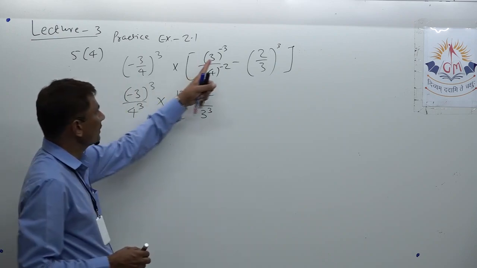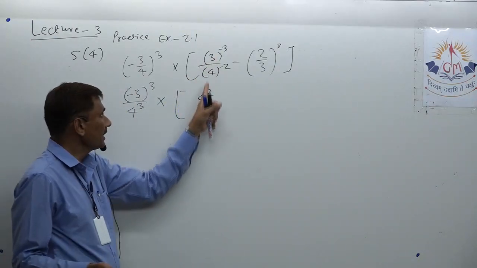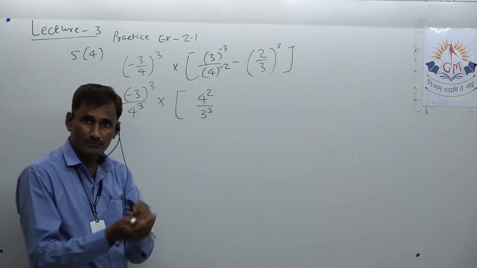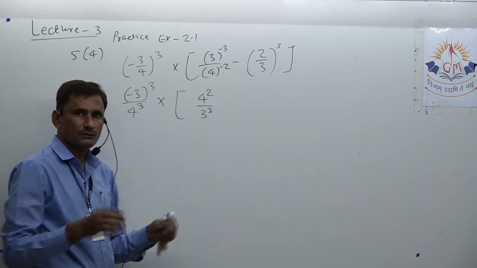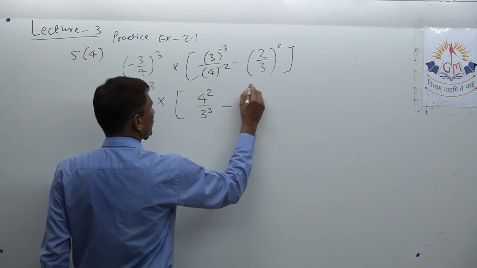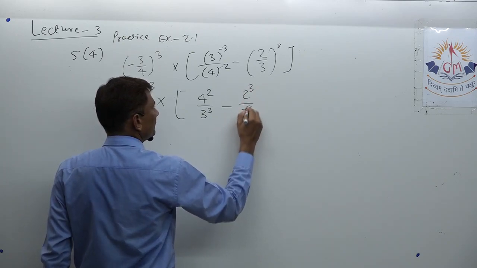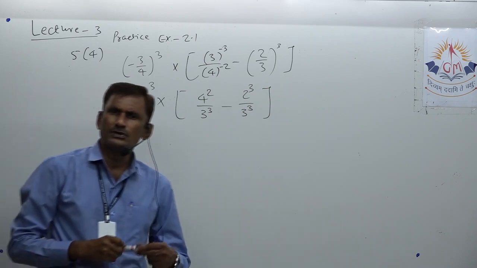Now, why? Because inverse. So, inverse of 3 is 1 by 3, means go in the denominator. And inverse of 1 by 4 will be 4, means go in the numerator. Okay. So, accordingly, the exponent becomes positive. Now, you can see here 2 cube upon 3 cube. Now it is a mixed type of sum, at that time no need to give the reason.